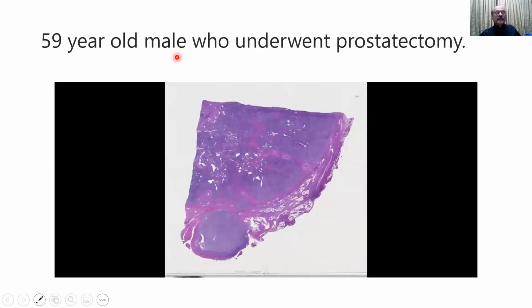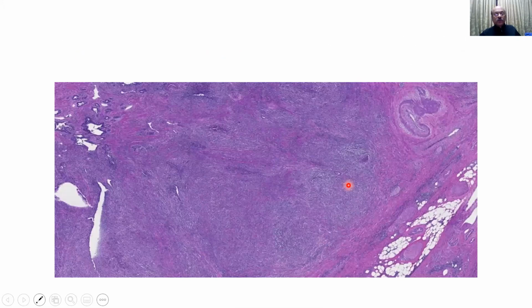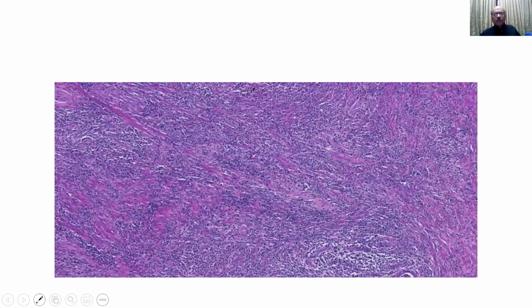Next case, a 59-year-old male who underwent prostatectomy. This is the scanning view, the low power view. The prostatic architecture is lost and replaced by infiltration of lymphocytes and other inflammatory cells, and also some spindle cell proliferation.